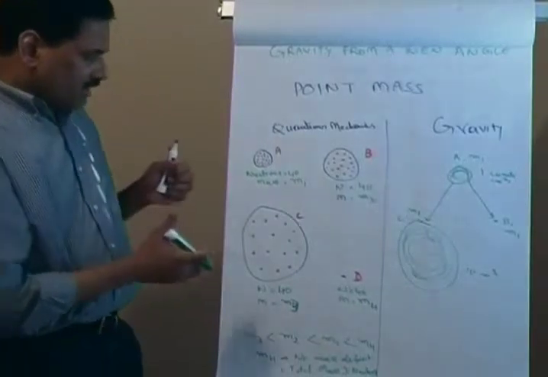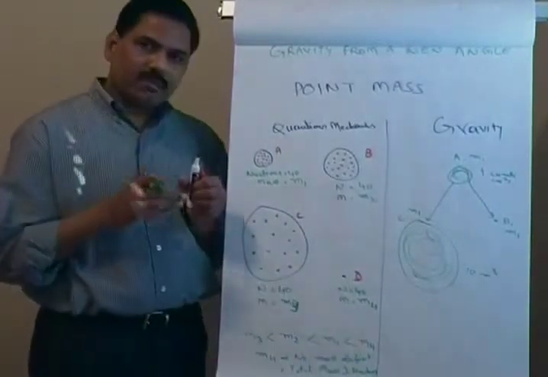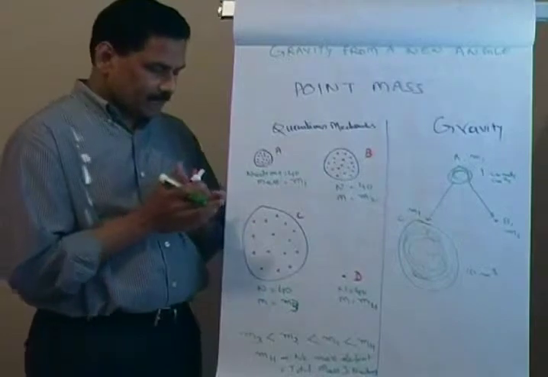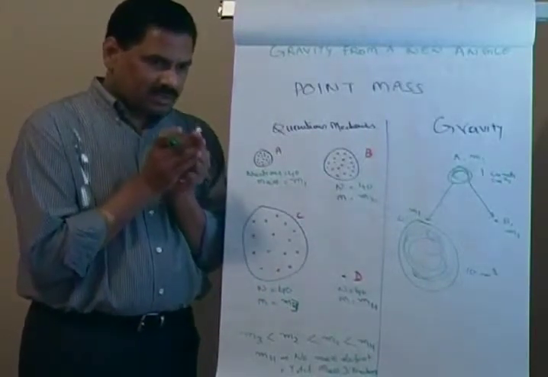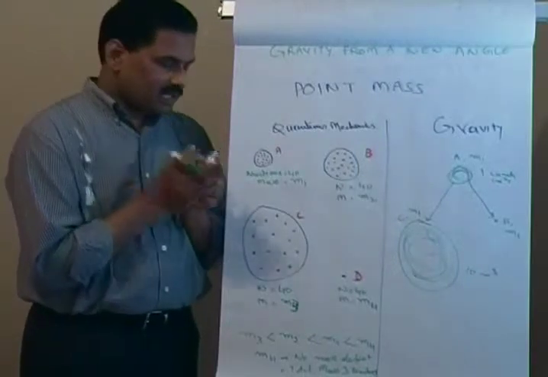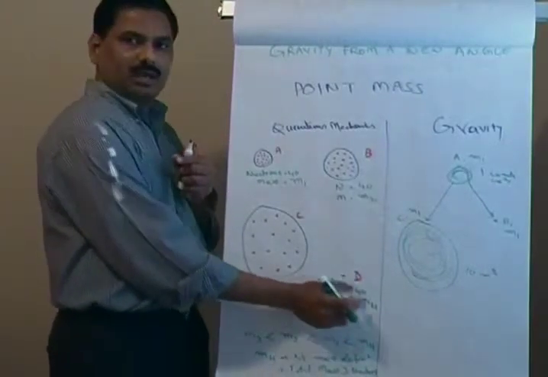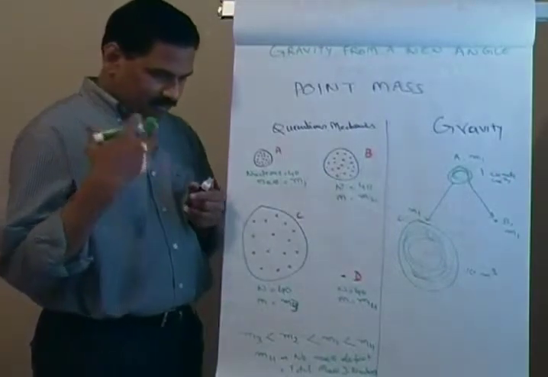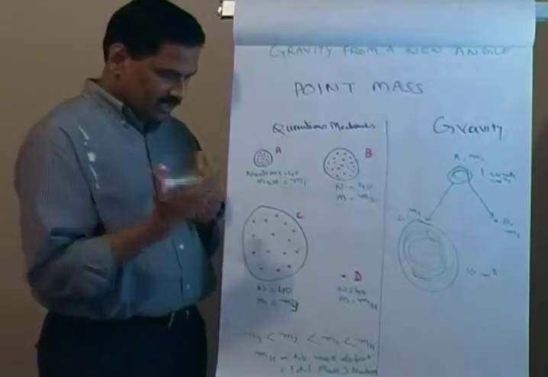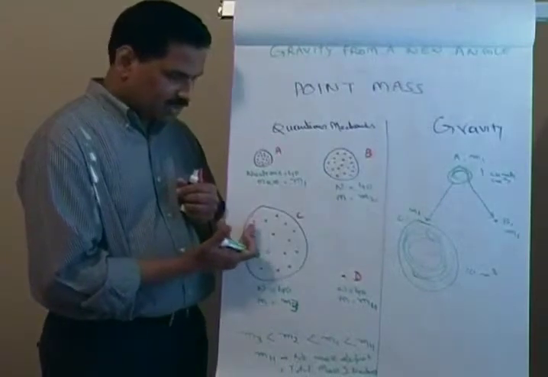One more thing with M4 is that there won't be any mass deficit. That means the total mass of the nucleons within that nucleus will be equal to the mass of the nucleus. There won't be any difference between the mass of the nucleons and the mass of the nucleus.